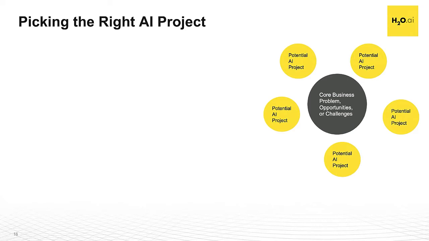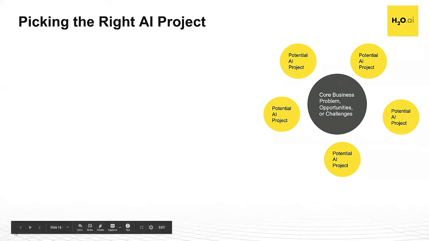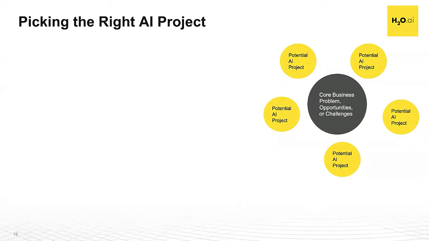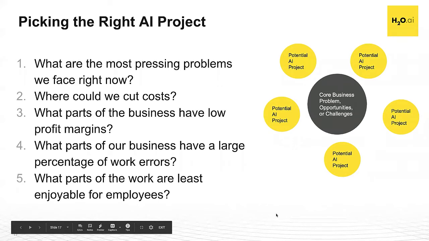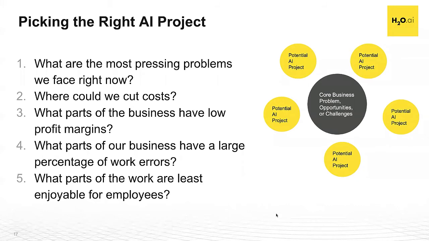And so one way to discover what is possible is to start to list as many problems as you can think of based on your pain points or your challenges or new business opportunities that come up, either by the way that customers are interacting with you, the way that your business is changing according to market conditions, etc. So here I'm just listing a set of questions that might help spur that conversation.